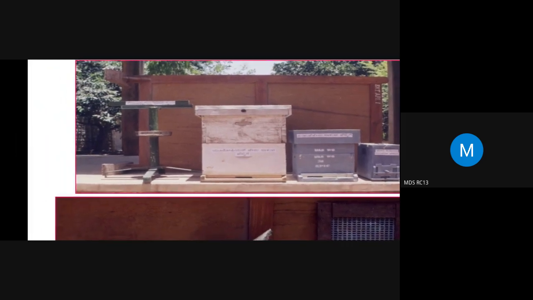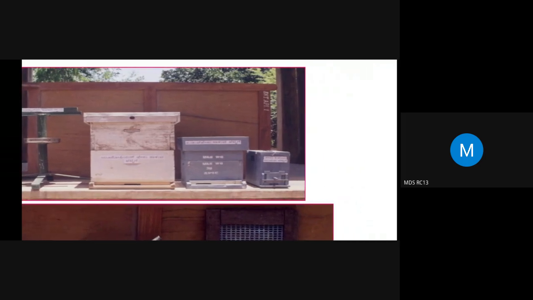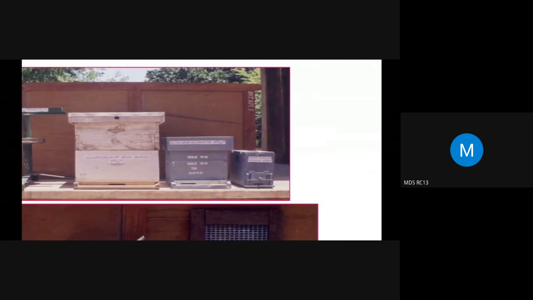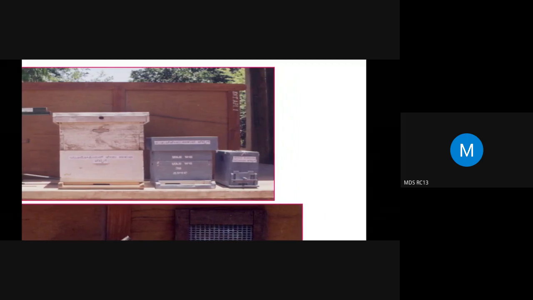And this large box is of Apis mellifera, and the next box is of Apis indica, and the last one, which is small, is used for hiving purpose. That is, the bees from the wild, especially in Indian conditions, the wild bees which we collect is Apis cerana indica, okay, the Indian bee.